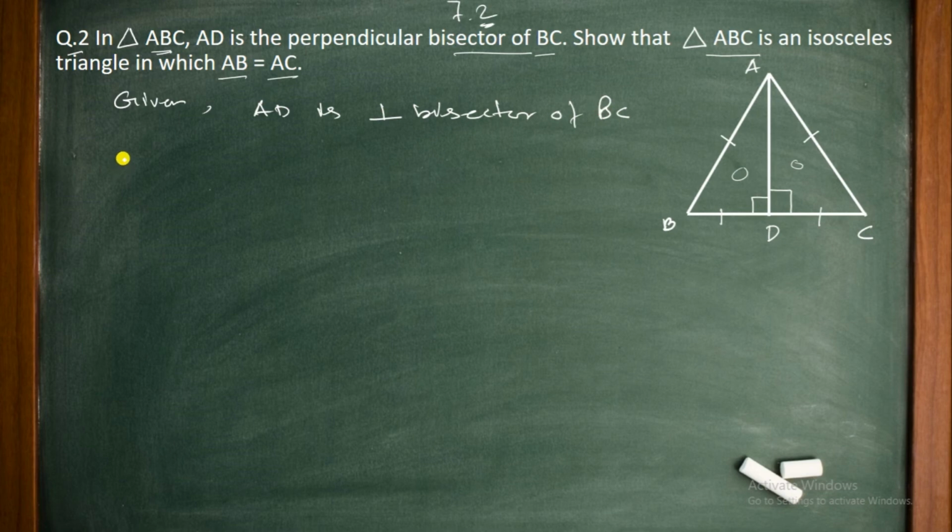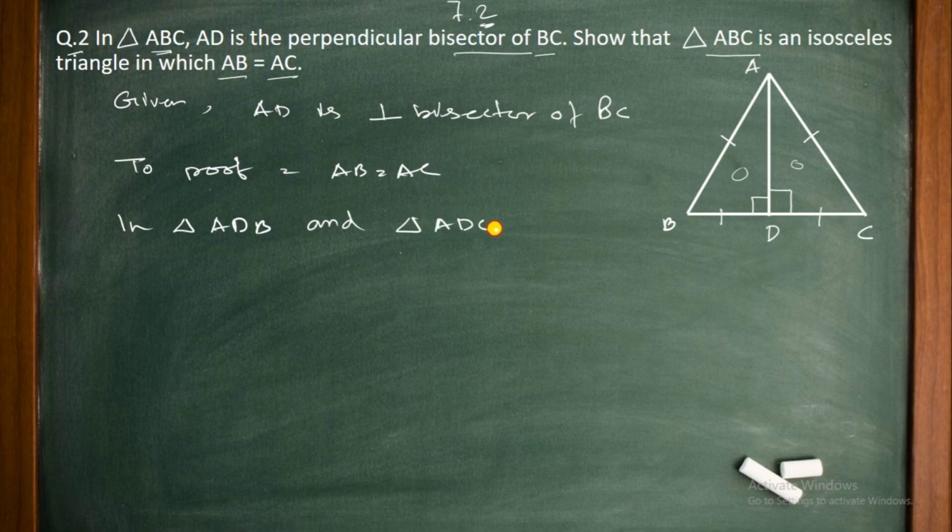So to prove AB is equal to AC, here in triangle ADB, this triangle we have considered, and you have to consider this triangle also, triangle ADC, you can see AD is common. It is equal to AD, common side.